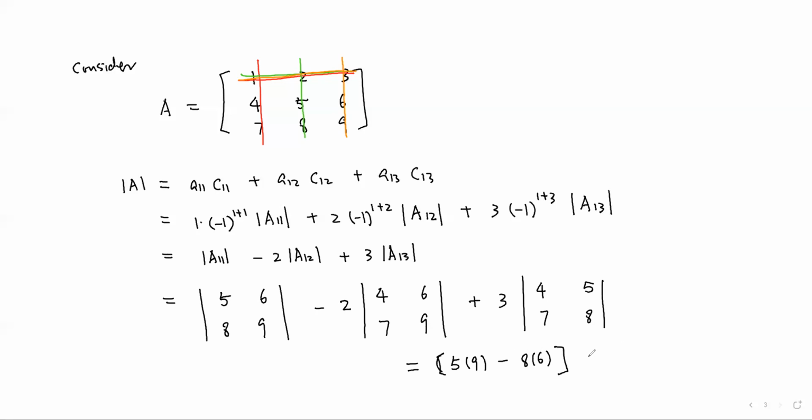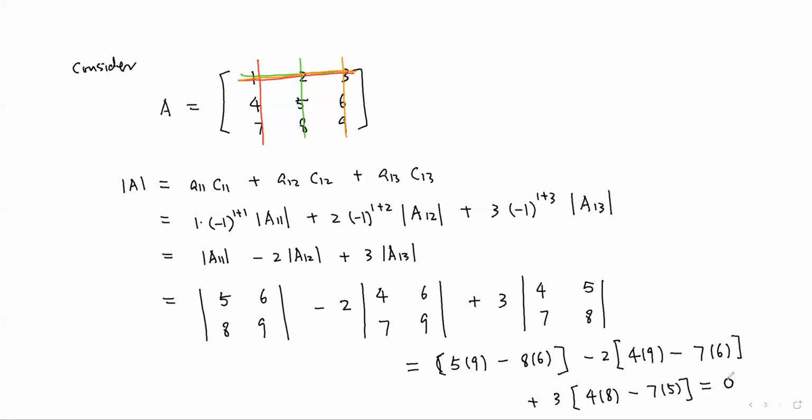Okay, brackets. And then minus 2. The second 2 by 2 determinant is the product of the main diagonal entries, 4 times 9, minus the anti-diagonal entries, and then plus 3. The third determinant is 4 times 8, minus 7 times 5.